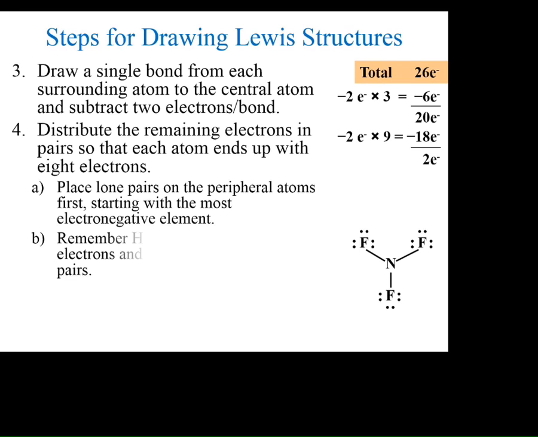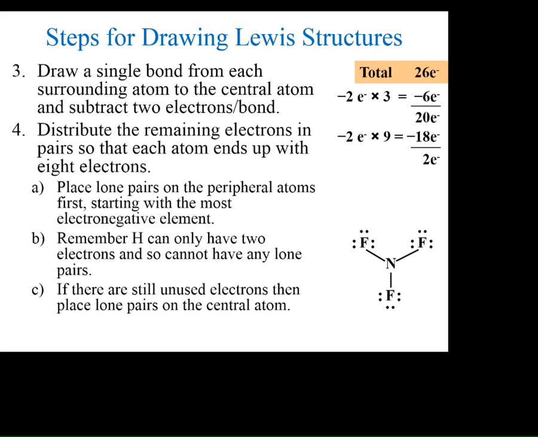Well, the next thing we're going to do, so remember, I mentioned this earlier, hydrogen obviously can only have 2 to be like helium, right? So please, with hydrogen, don't give it a lot of lone pairs. That doesn't make any sense. Okay, well, if there are still unused electrons, and there's still 2 left, we're going to give them to the center atom, because the nitrogen only has how many electrons right now around it?